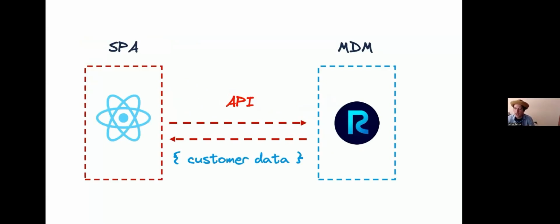So how is the single page application, our customer form, communicating with RailQ in order to provide the whole information set? We are using the API provided by RailQ. RailQ is, generally speaking, an API-first, API-centric platform.